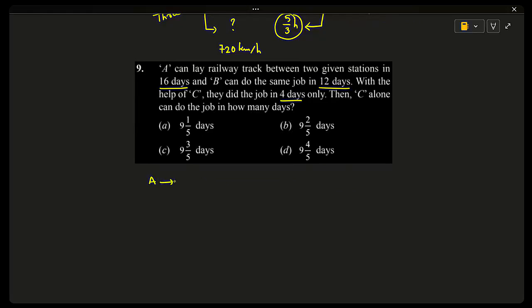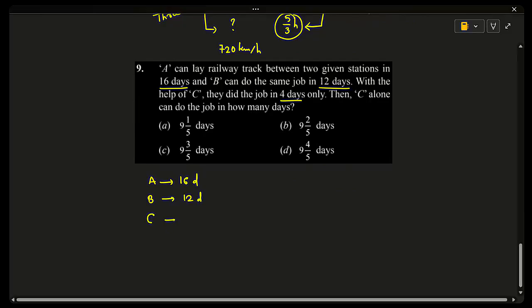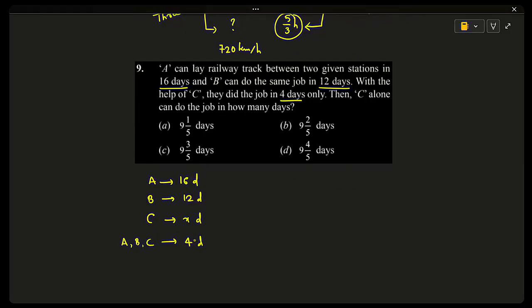A can complete the work in 16 days and B can complete the work in 12 days. We don't know in how many days C can complete, so let's call it X days. If A, B, and C work together, they complete the work in 4 days only. Now we have to find, C alone can complete the work in how many days? That is the X value we are going to find. One work is completed in 16 days by A. So what is A's daily work?